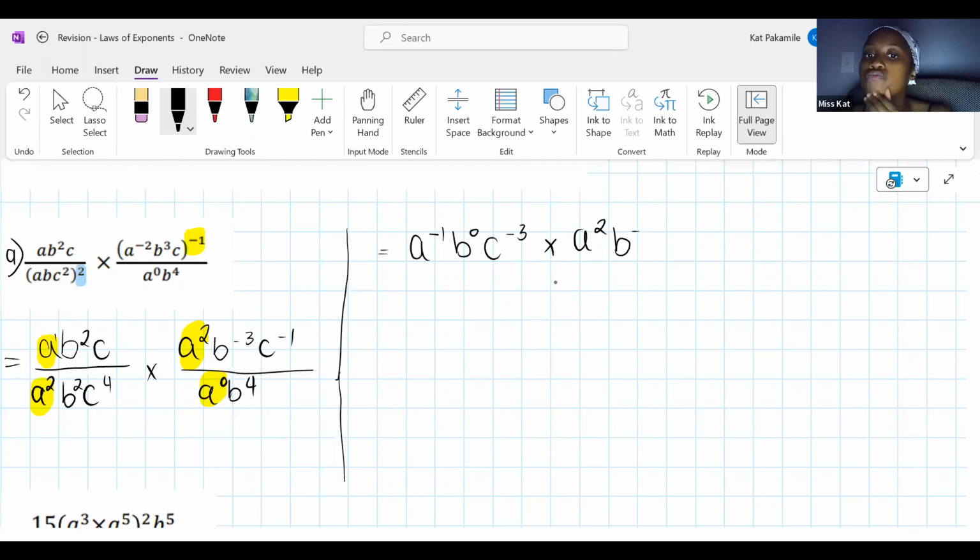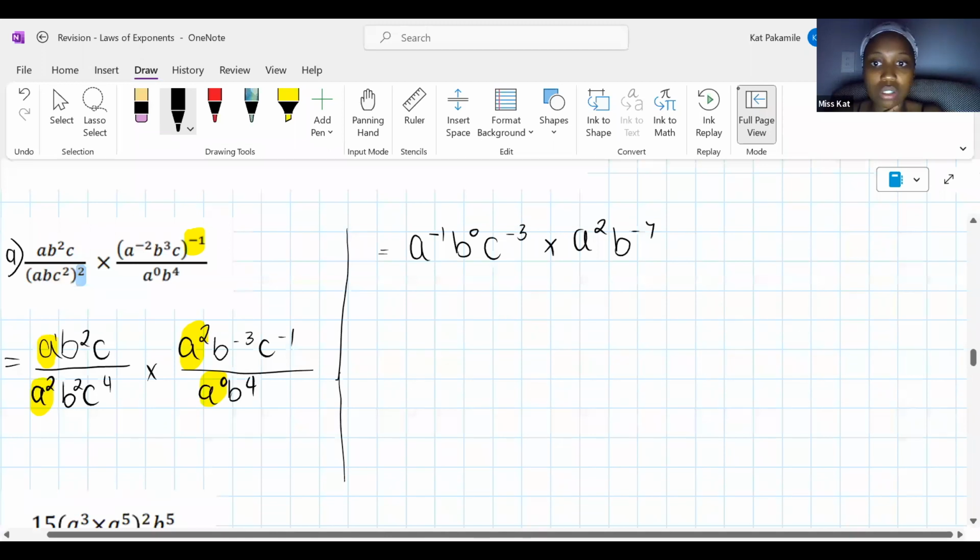It's going to be negative 3 minus 4, which is negative 7. There we go, Babalo has helped you in the chat. And then there's no C in the denominator, so you're just going to leave it like that.